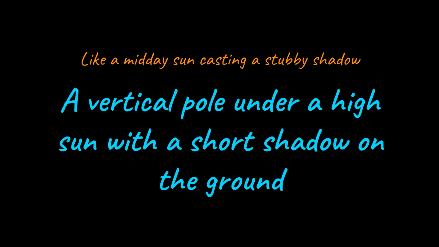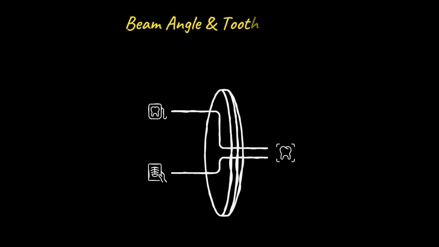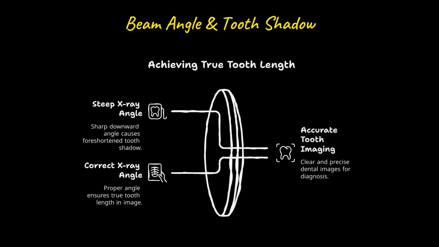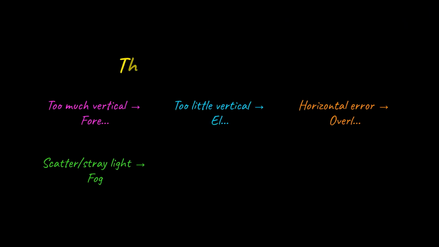Just as a high midday sun casts a short shadow of a standing pole, a beam angled too steeply against a tooth throws a compressed shadow onto the receptor. The tooth appears stubbier than it truly is. When the beam crosses too perpendicular to the tooth's long axis, the vertical dimension collapses on the image. Ease the beam to the correct angle and the recorded length stretches back to match reality.